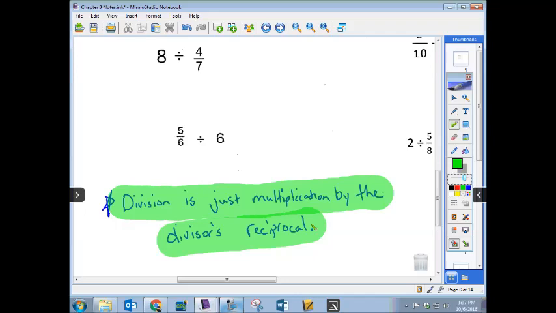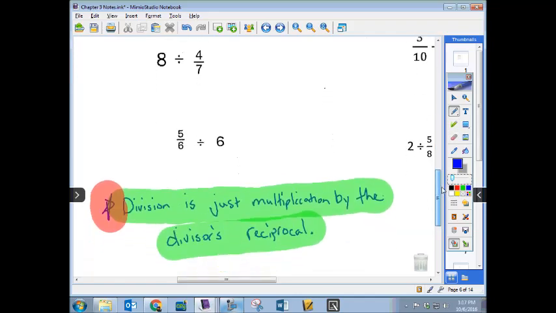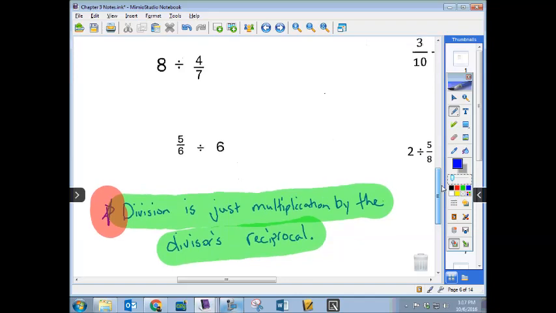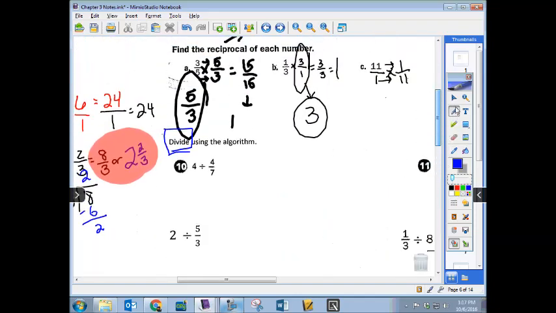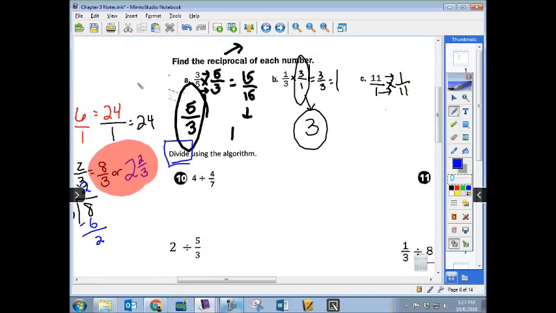Now, that probably doesn't make any sense yet, but it will. I can promise you, you won't think this is hard after you do a few. Okay, so division is just multiplication by the divisor's reciprocal. So it goes back to knowing which one is the dividend and which one is the divisor. For the rest of this, I'm going to highlight the dividend in red.